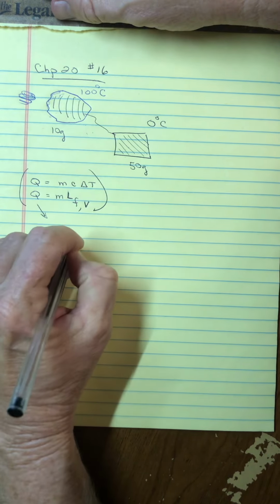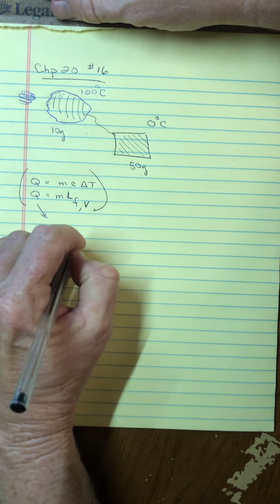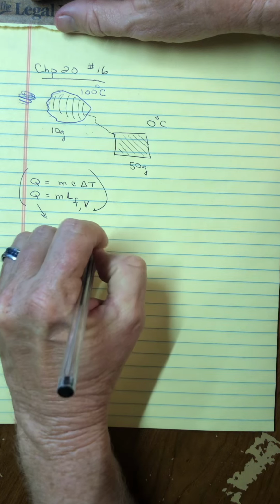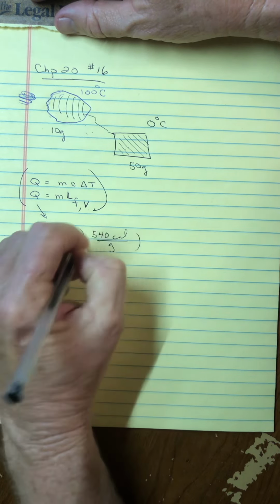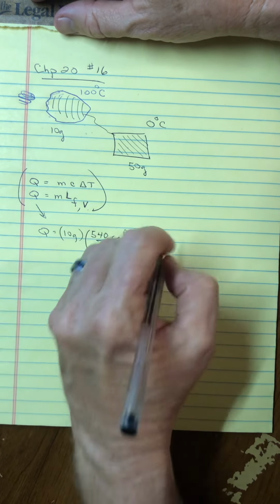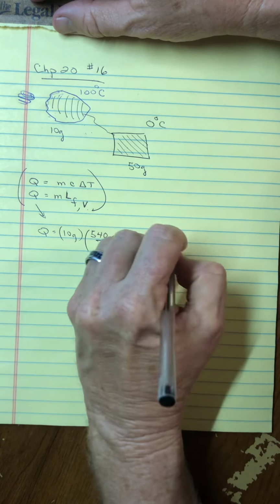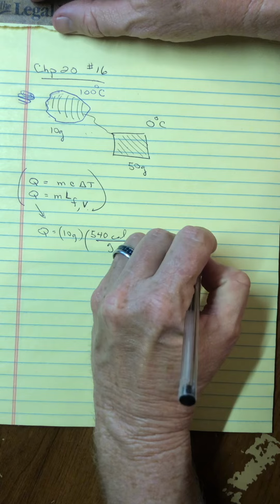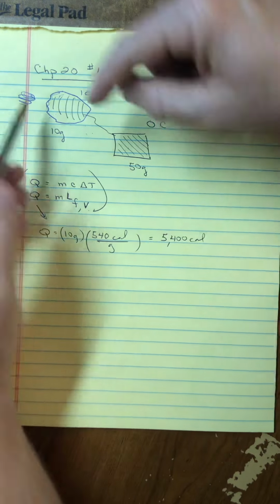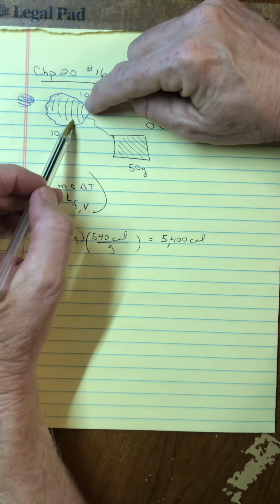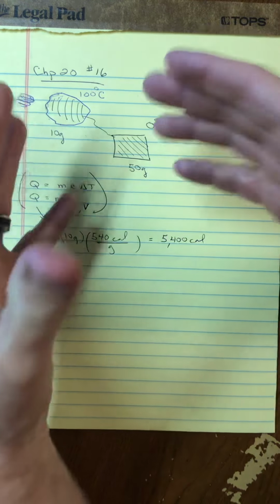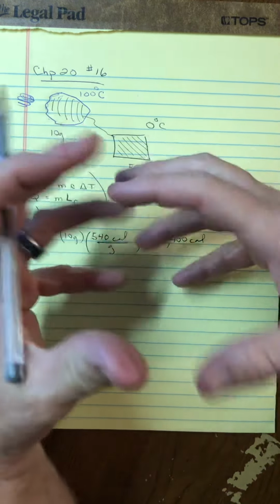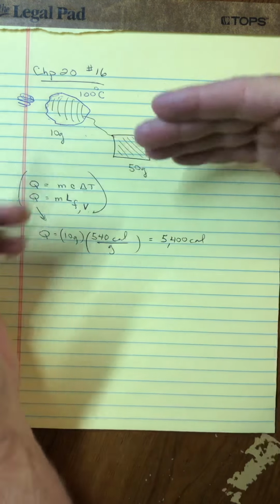The mass is 10 grams. And then I'll look up the latent heat of vaporization, and we see that it's about 540 calories per gram. That would say that 5,400 calories would be released by this hot steam in order to make all the 10 grams of steam turn into a hot liquid. And then we've got more to talk about at that point.